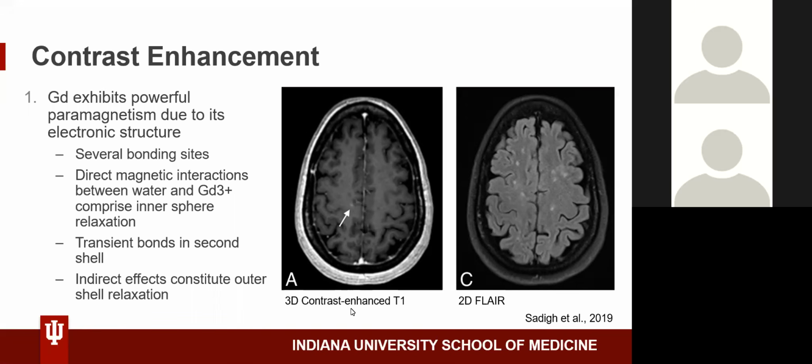What the contrast enhanced image gives you is that you're able to pick out this subcortical lesion that's not visible on the FLAIR image. With MS patients, it's all about trying to identify new plaques in the brain, and you wouldn't necessarily be able to see those newly formed plaques with 2D FLAIR like you would be able to see them if you were using a contrast agent.